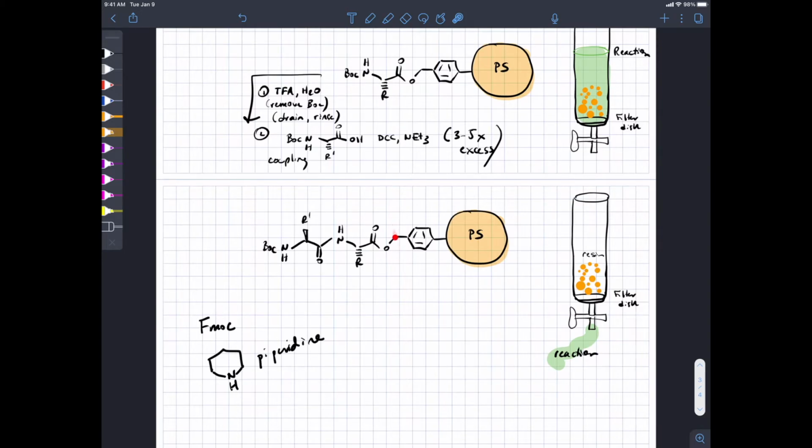The linkage between resin and peptide, for Merrifield's original resin, can be cleaved with something called hydrofluoric acid, or HF. And if you ever take a chem safety class, they point out how nasty HF is. If you get it on you, it's not that it burns, but it does get inside into your bones, and it starts to bind calcium, and it can be lethal within days or weeks.